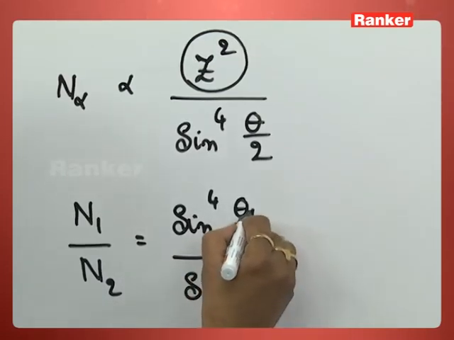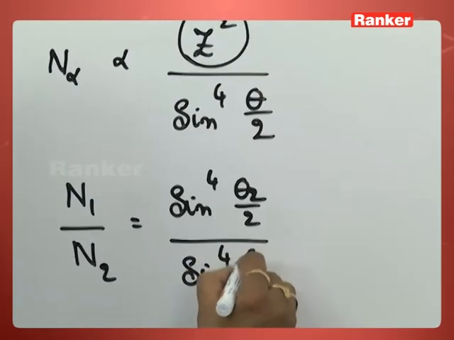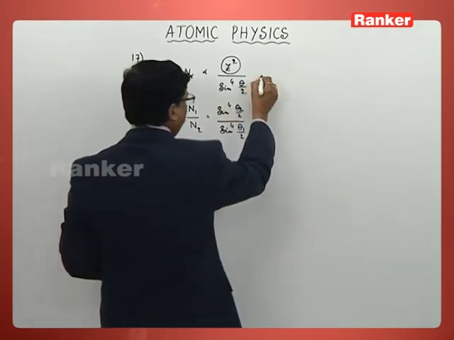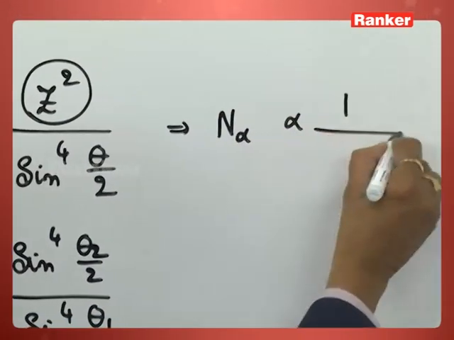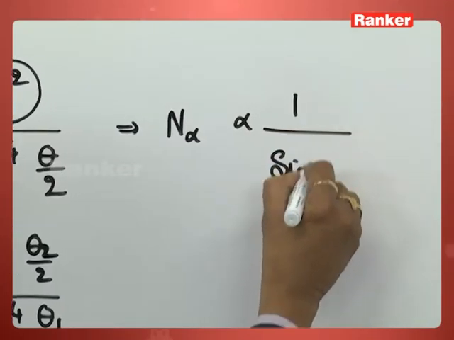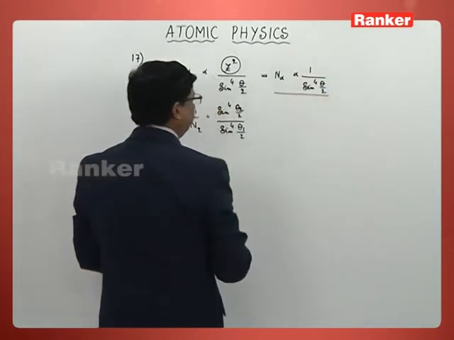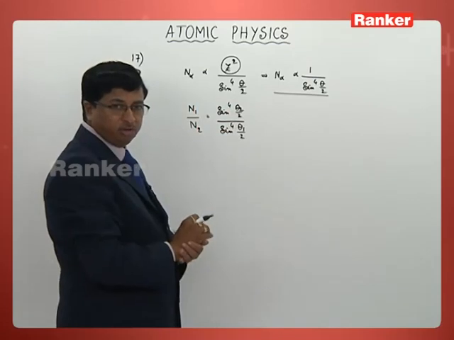Simply speaking, you can rewrite the same this way also: N alpha is inversely proportional to sine to the power 4 theta by 2. That is the equation. That only I have taken in the form of a ratio.